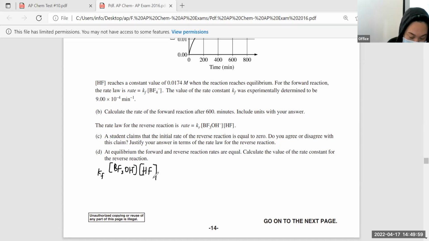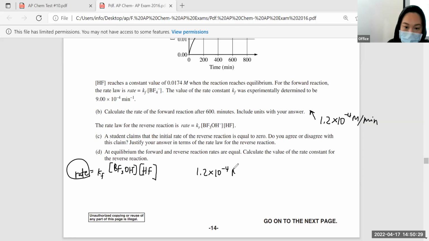We have this, right? And the rate of this guy, right, that we got here was 1.2 times 10 to the negative 4 molarity per minute, right? So we know rate, 1.2 times 10 to the negative 4 equals KF.